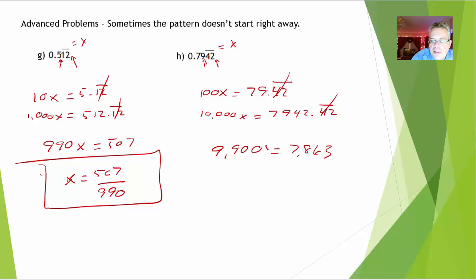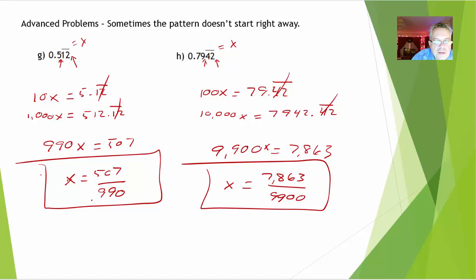So this was times x, by the way. So if I divide by 9,900, I get x equals 7,863 over 9,900. Now you can prove it. So you know that repeating decimals are rational numbers, but now you can actually find the rational number they're equal to. Okay, the fraction they're equal to.